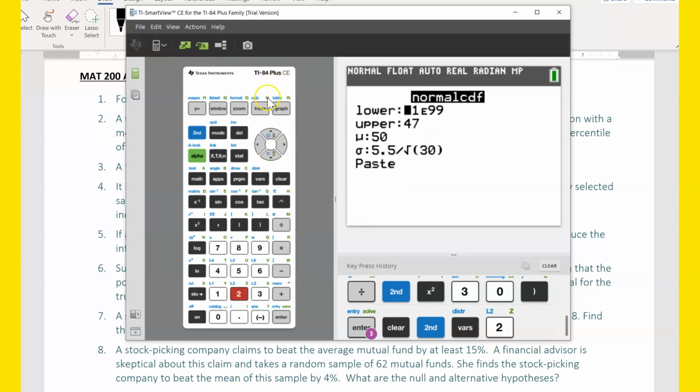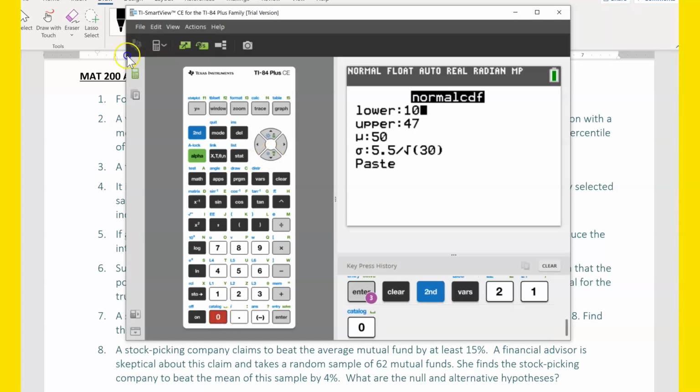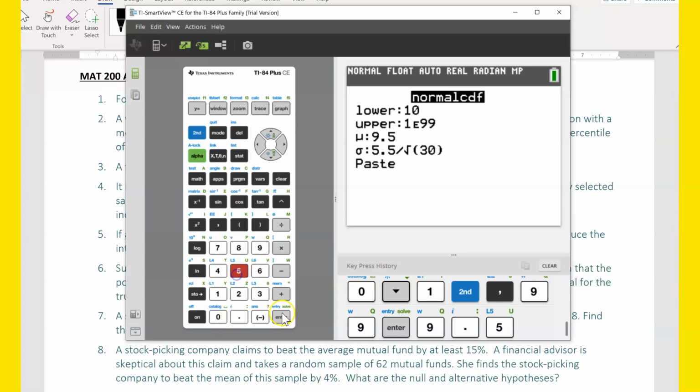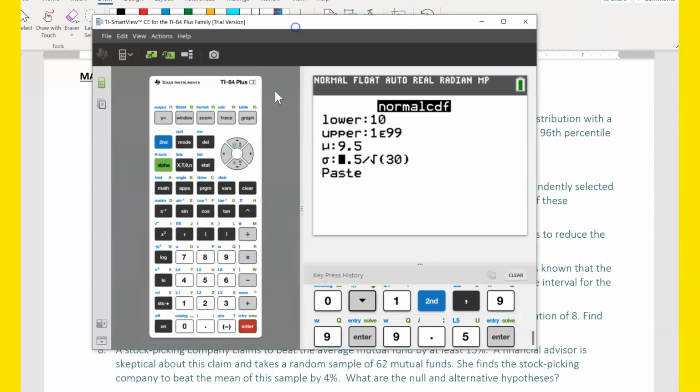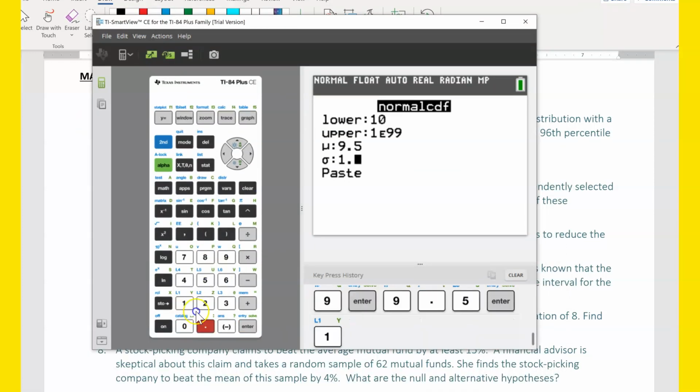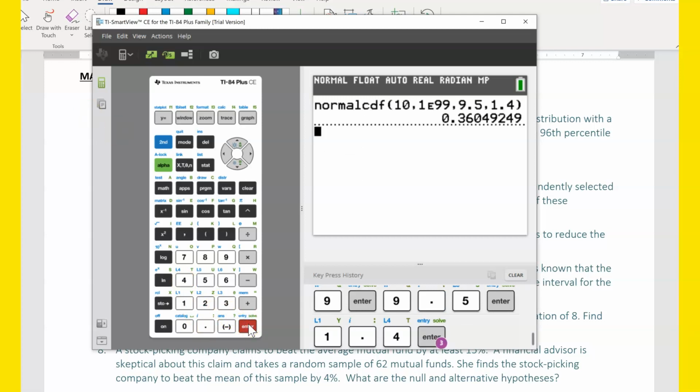We're talking about being greater than 10, so the lower limit is 10 and the upper limit would be infinity, or 1e99, with mu being, I think it said 9.5, and the standard deviation, I think, 1.4, and that'll give you your answer. So 0.360 would be a good answer for that question.